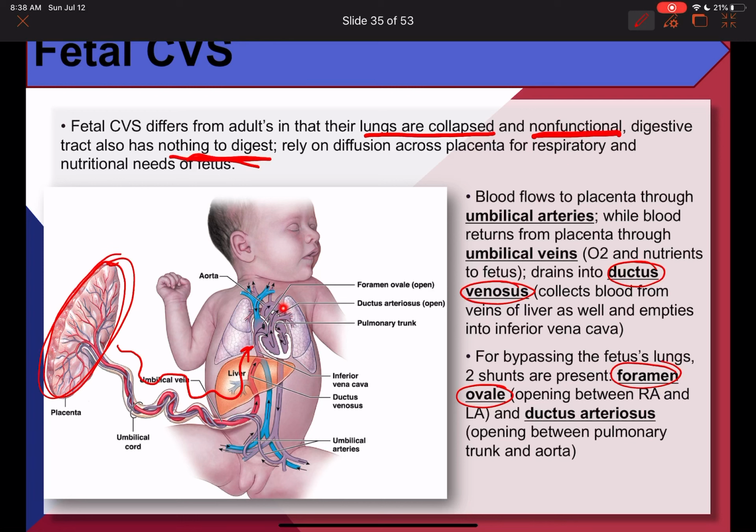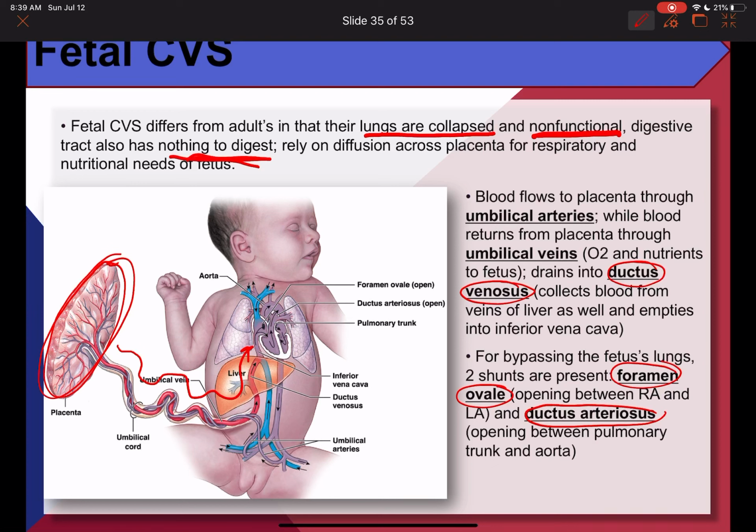This doesn't exist in a baby that is born or in an adult, because we want to separate the pulmonary trunk from the aorta. But this little shunt from the pulmonary trunk to the aorta is called the ductus arteriosus, so that blood doesn't have to go into the pulmonary arteries. It can travel into the aorta directly and move on to the rest of the baby's body.